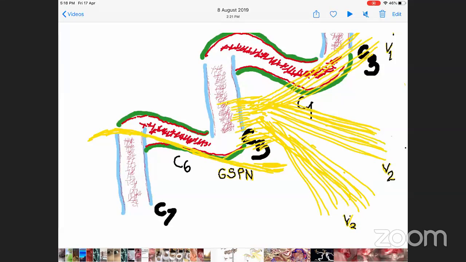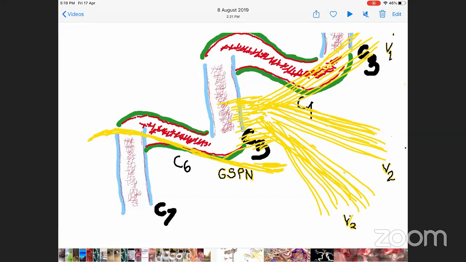The cavernous sinus is going to be from C3 to C5. So C5, C4, and C3, that is the cavernous loop. Lateral to that, you have V1, V2, V3, and the Gasserian ganglion. So we've added the first layer of nerves there.